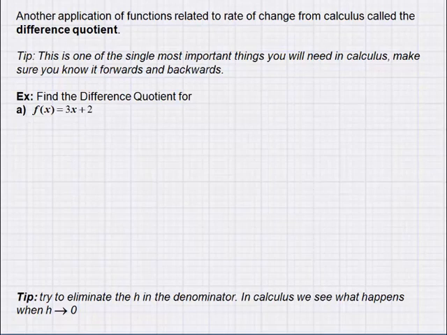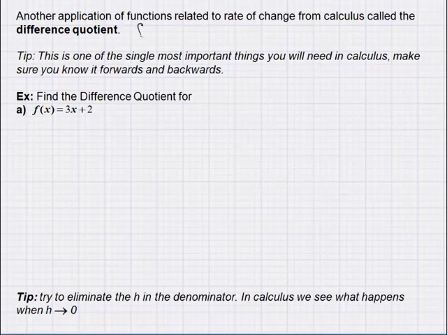The difference quotient is very similar to the average rate of change, and it's essentially the mechanism by which the average rate of change becomes the instantaneous rate of change. Now, what we want to do is find what we call the difference quotient. The difference quotient is a specific fraction that is built off of a lot of the things we've already talked about.